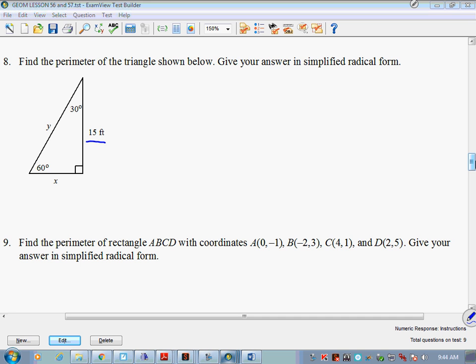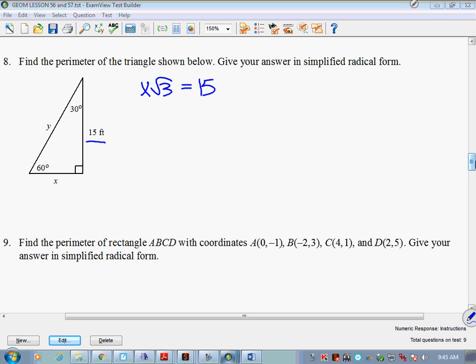How? I think you were right the first time. X radical 3 equals what? No, it's just 15.